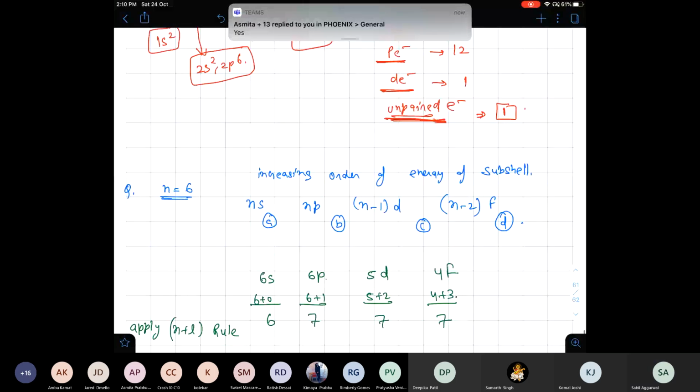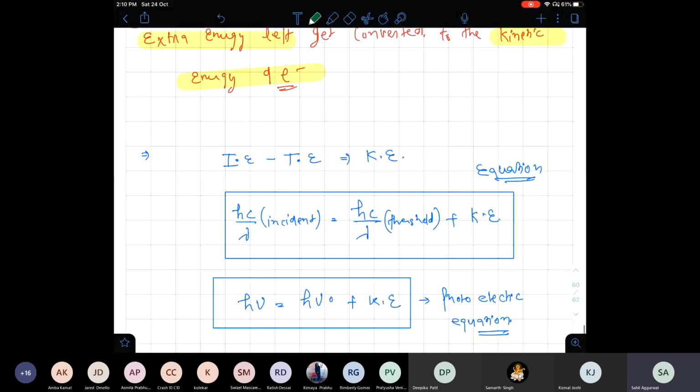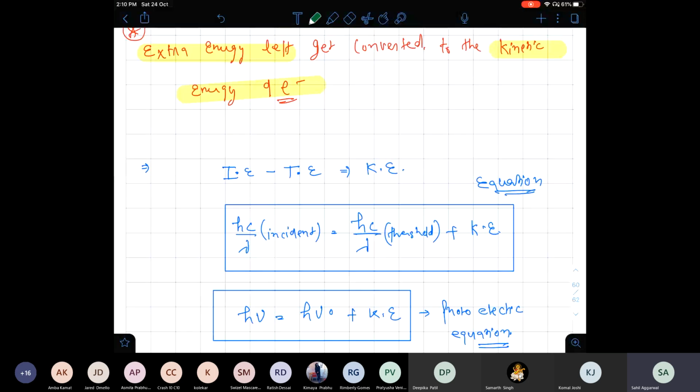Okay. So let's get back to the photoelectric effect. Any doubt till here in photoelectric effect?